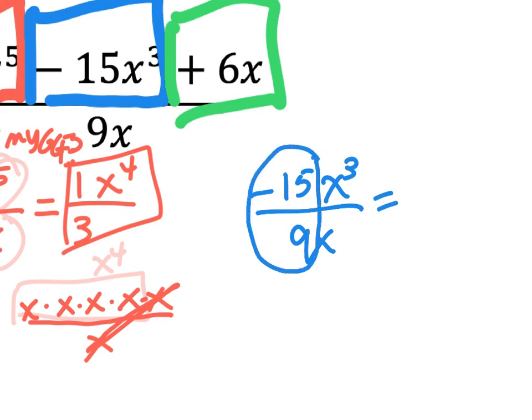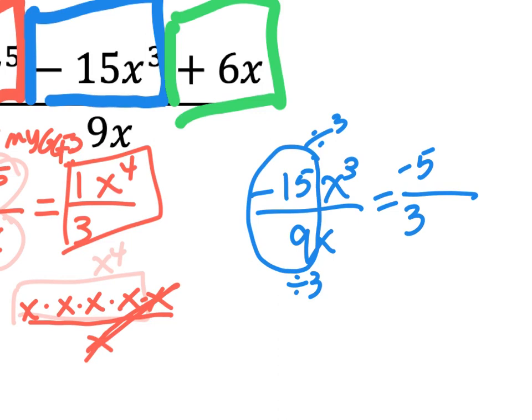And if I don't know how to simplify fractions to simplest form, I want to just think about what's my GCF between negative 15 and 9. When I think about it, my GCF is 3. So I'm going to divide out a 3 from my numerator, divide out a 3 from my denominator. And when I do that, negative 15 divided by 3 is negative 5. 9 divided by 3 gives me 3. Okay, just simplified my numbers.